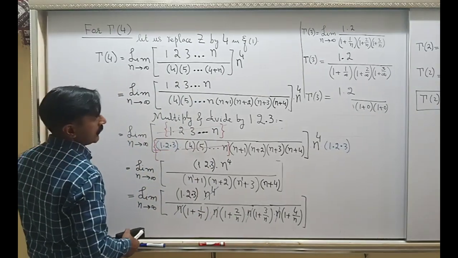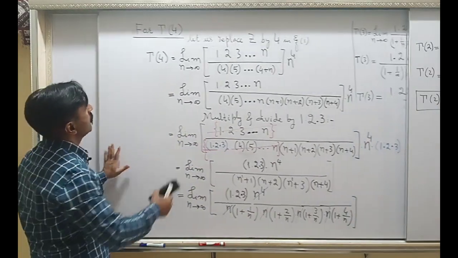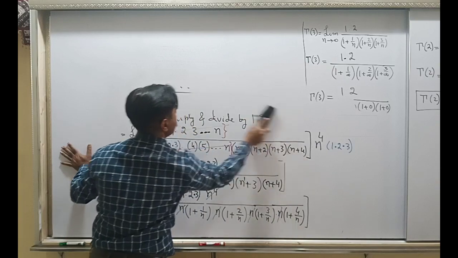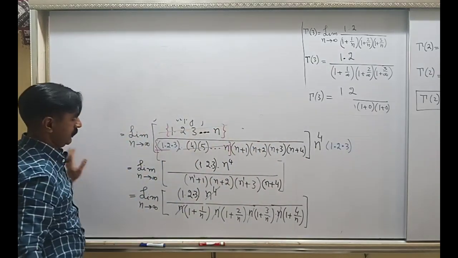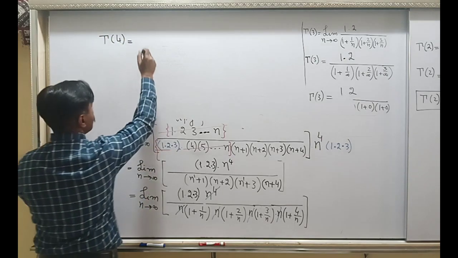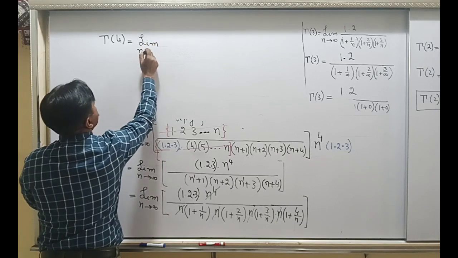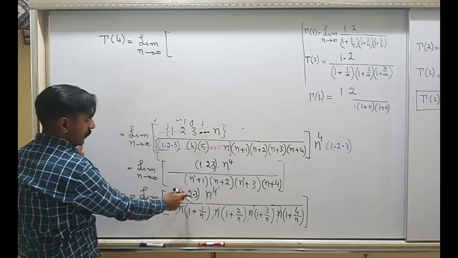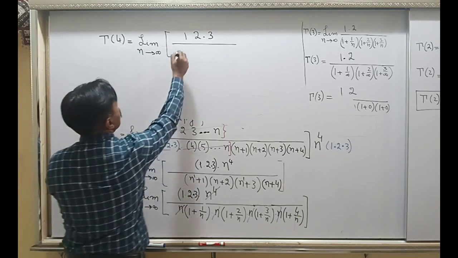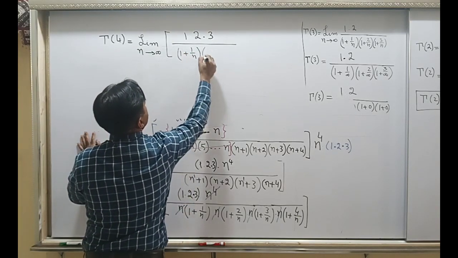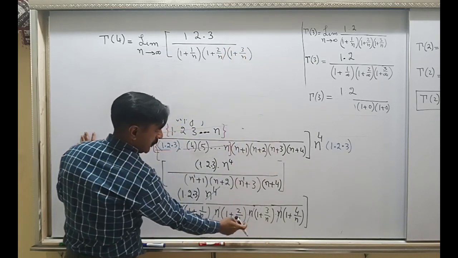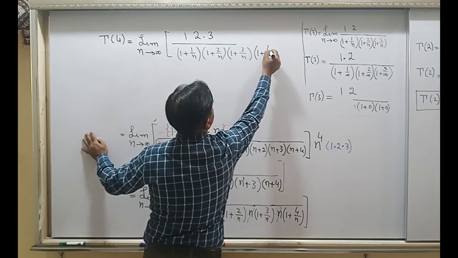this part again. So gamma 4 is equal to limit, into upside has 1 into 2 into 3, and downside has 1 plus 1 over n, 1 plus 2 over n, 1 plus 3 over n, and the next is 1 plus 4 over n.